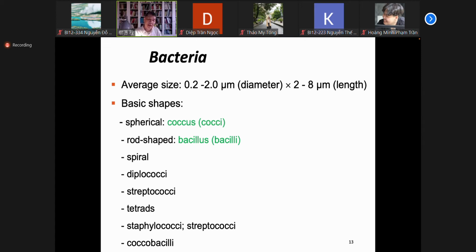Some scientists propose smaller bacteria with a diameter of about 0.1 micrometer. However, the volume would be 1,000 times smaller than the average size. So can it hold enough chromosomes or ribosomes for its metabolism? It seems not very likely.